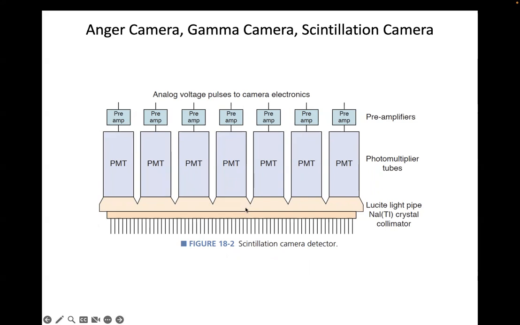So you can imagine if you get a flash here, right? This photomultiplier tube and this photomultiplier tube will have some non-zero height of energy, whereas this one over here really won't see that. You'll just get noise out of this one. And so there is the ability to create a floating point, or a real number, along here where your activity occurs by looking at the relative weights of the photomultiplier tubes.